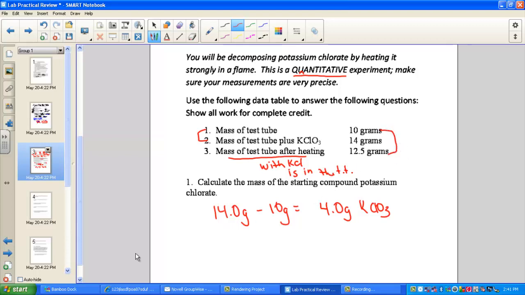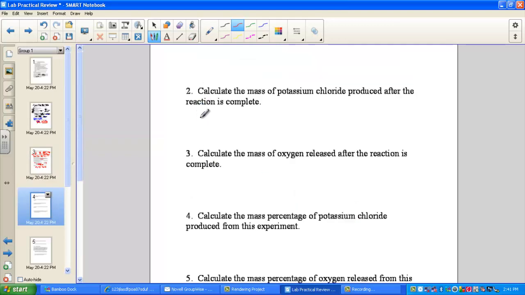So this is the calculation we need for number 2: 12.5 grams minus 10. And that, of course, shows 2.5 grams of potassium chloride, left as a residue. Just to remind yourself, this is the solid form in the tube.